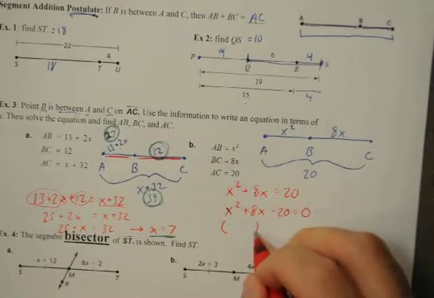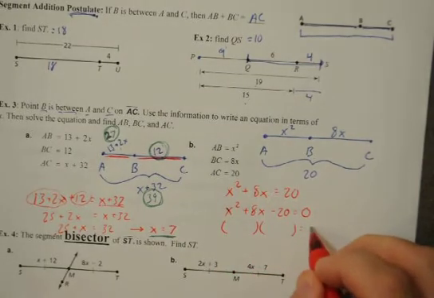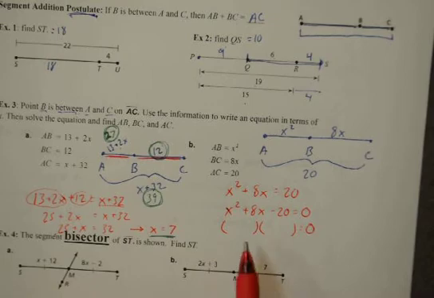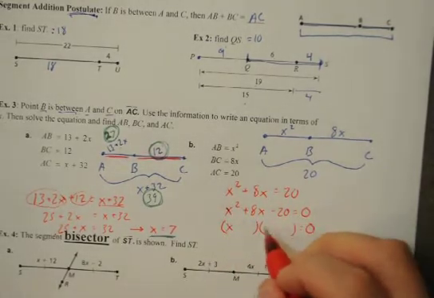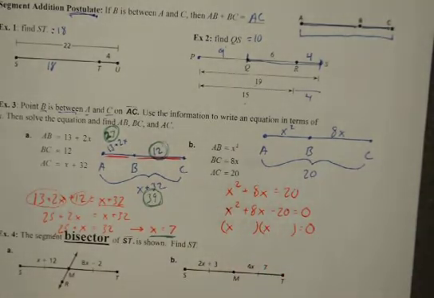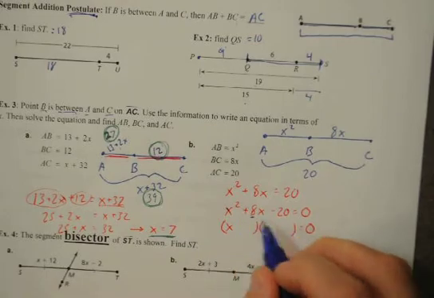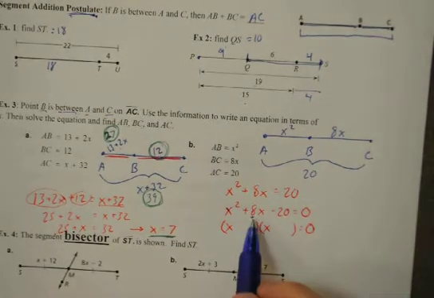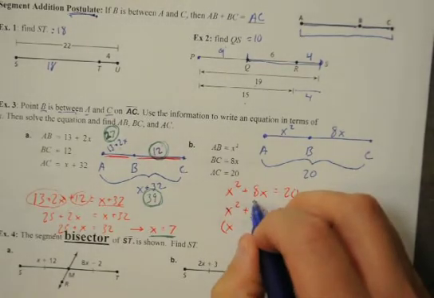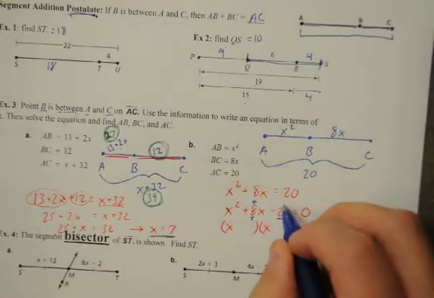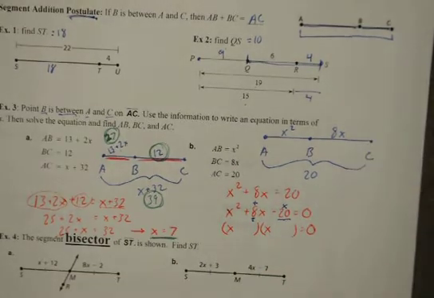Step 3 is also called factoring. You do this thing. If you can remember, you look for two numbers that add to 8 and multiply to negative 20.